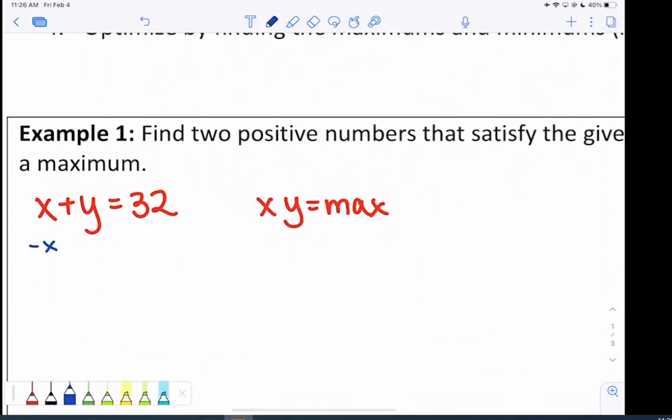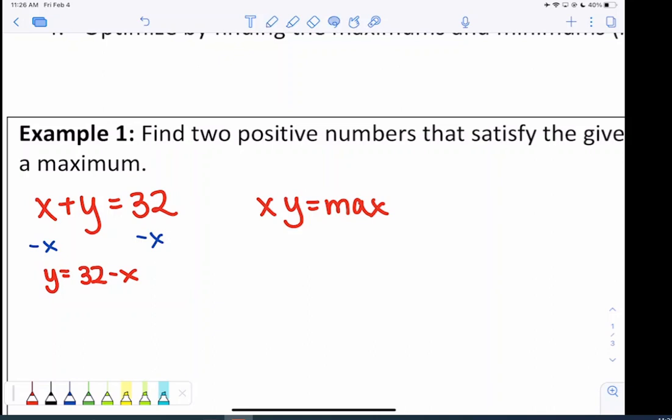To change this equation, luckily I have this other piece of information that's going to help me change all of my y's to x's. I subtract x from both sides. That gives me y equals 32 minus x.